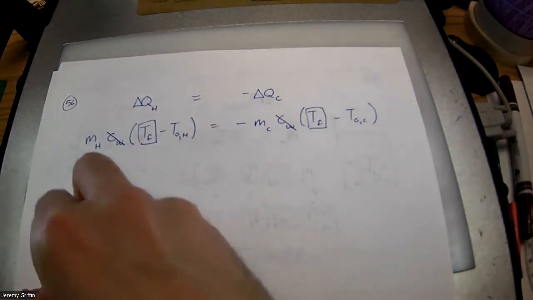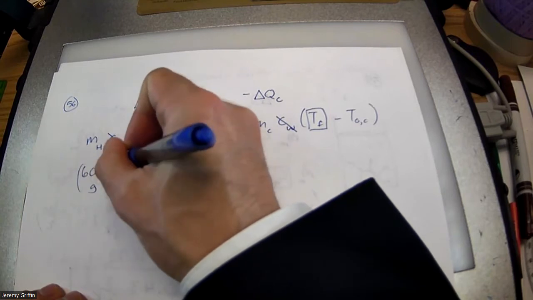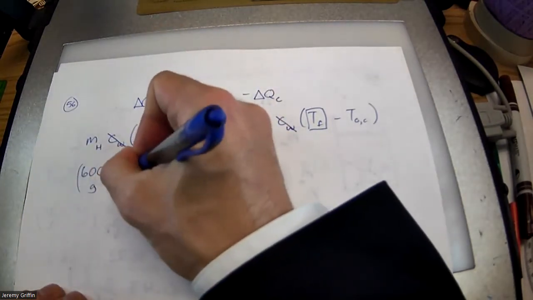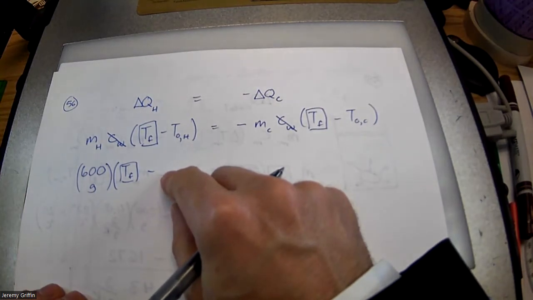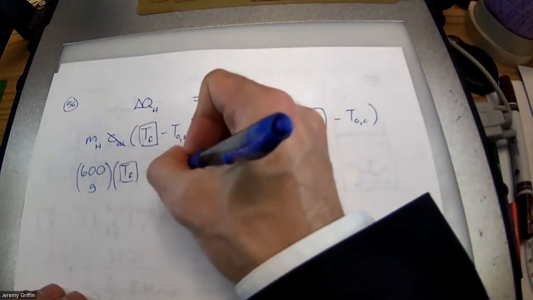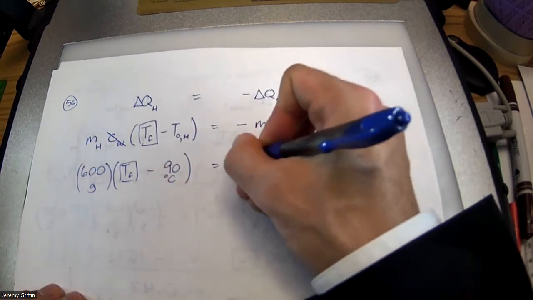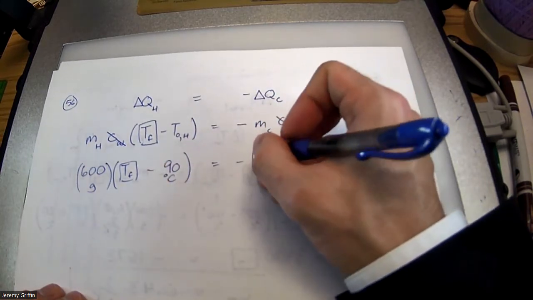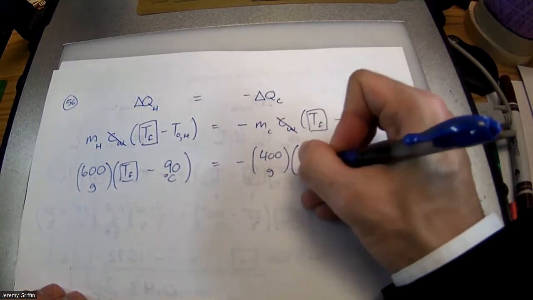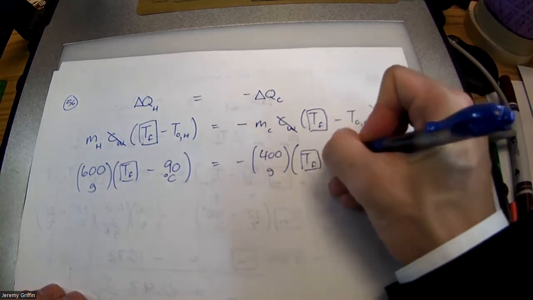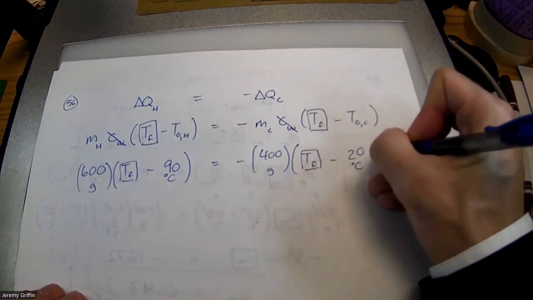I had 600 grams of hot water, times temperature final minus temperature initial, which was 90 degrees Celsius, equals negative, and then I had 400 grams of cold water, times T final minus T cold, which was 20 degrees Celsius.